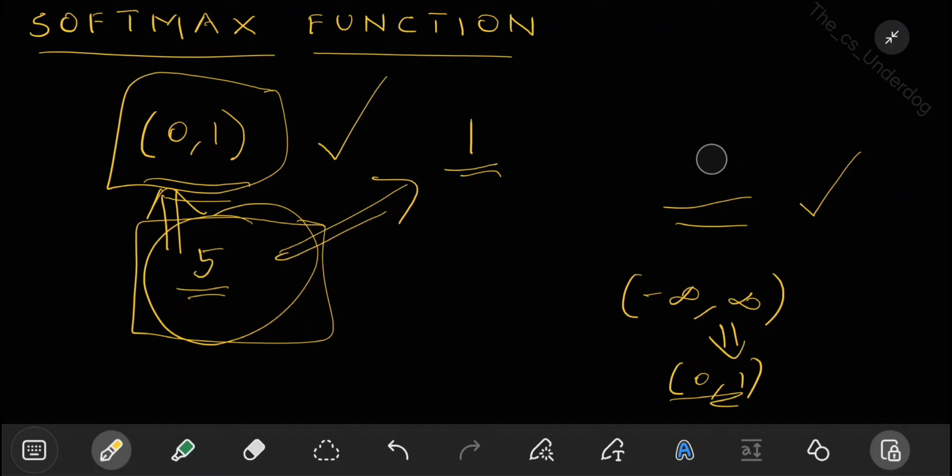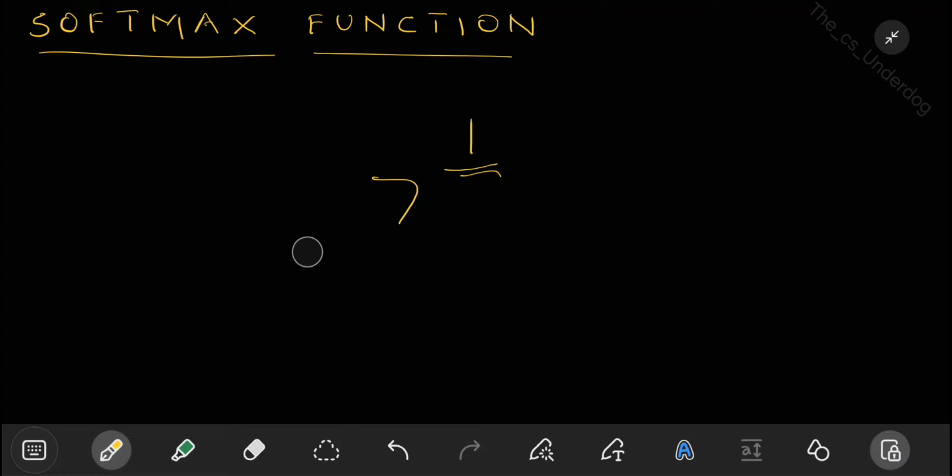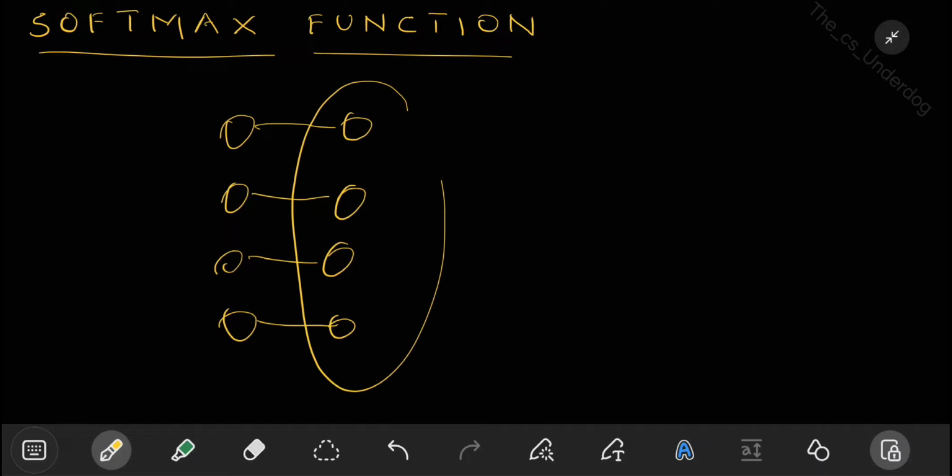So one general use of the softmax function is in neural networks where you use it in the final activation layer. So you have some neural network. This is, let's say, the penultimate layer. And when you take it to the final activation layer, you use a softmax function. Why do you do that? Let us say you are doing some sort of classification with this neural network.